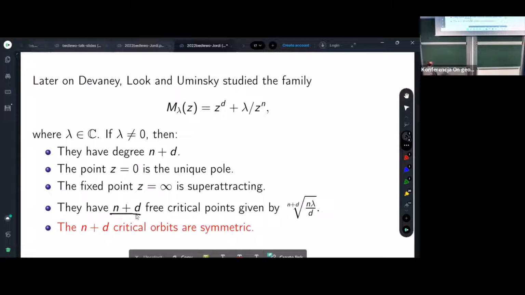What's relevant is that the critical orbits are symmetric. You have n plus d free critical points, but you do not have n plus d free critical orbits. There is a single free critical orbit, because you have symmetry by the n plus d roots of unity, which ties their dynamics.